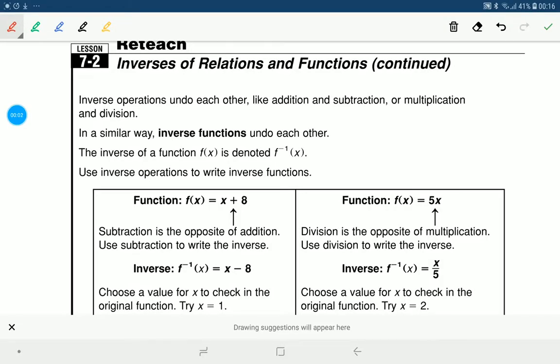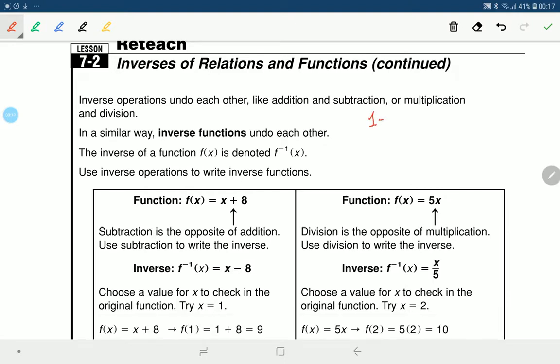And now let's get the inverse by using algebra. First of all, you should memorize that we have 3 steps to get the inverse using algebra. The first step, substitute f of x with y.